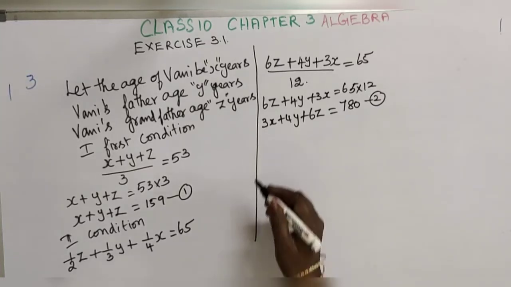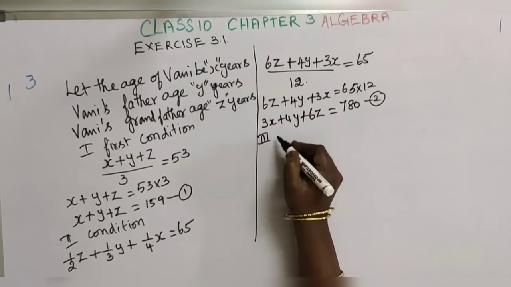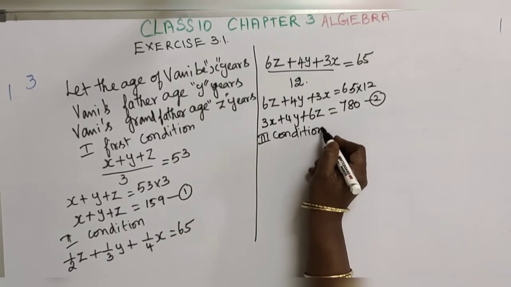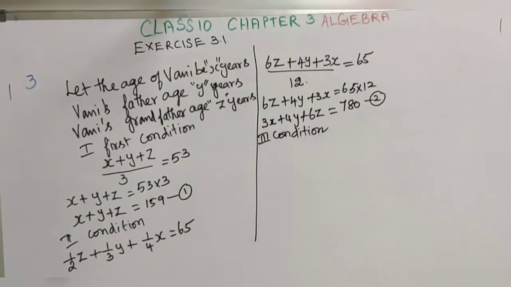Now the third condition: if 4 years ago Vani's grandfather was 4 times as old as Vani.